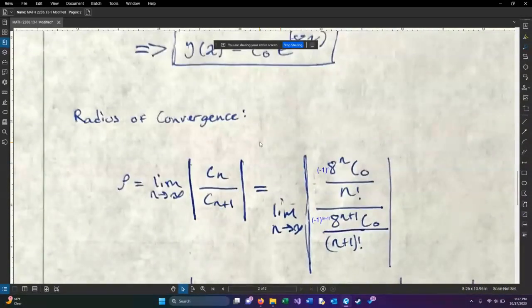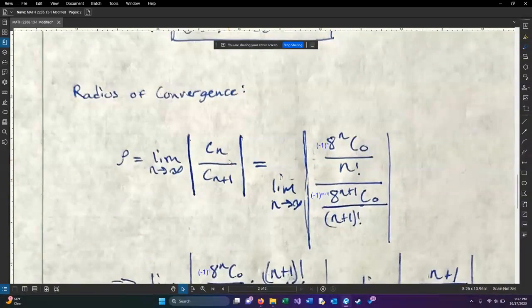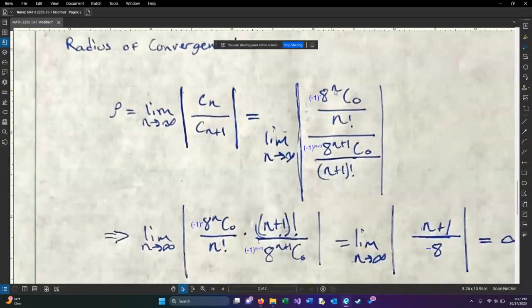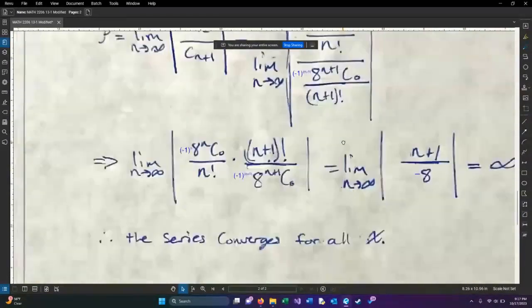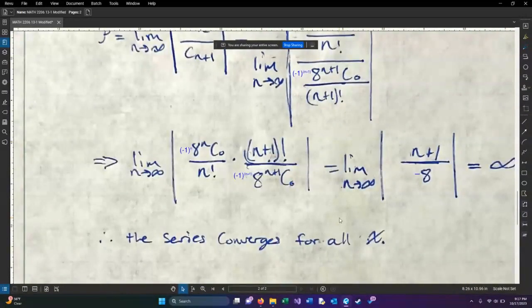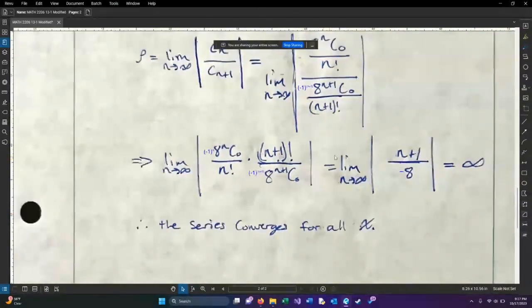And then I solve for the radius of convergence, where rho is equal to the limit as n approaches infinity of c_n over c_(n+1). So you solve that, and you get that the series converges for all x.